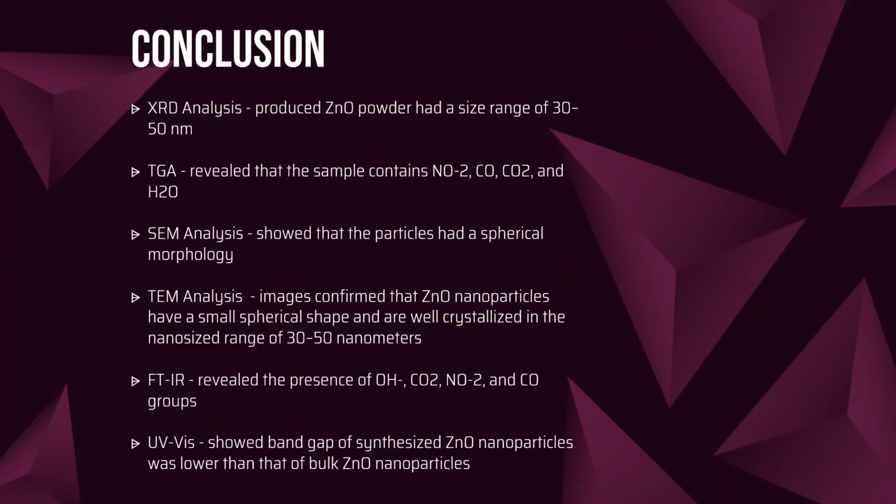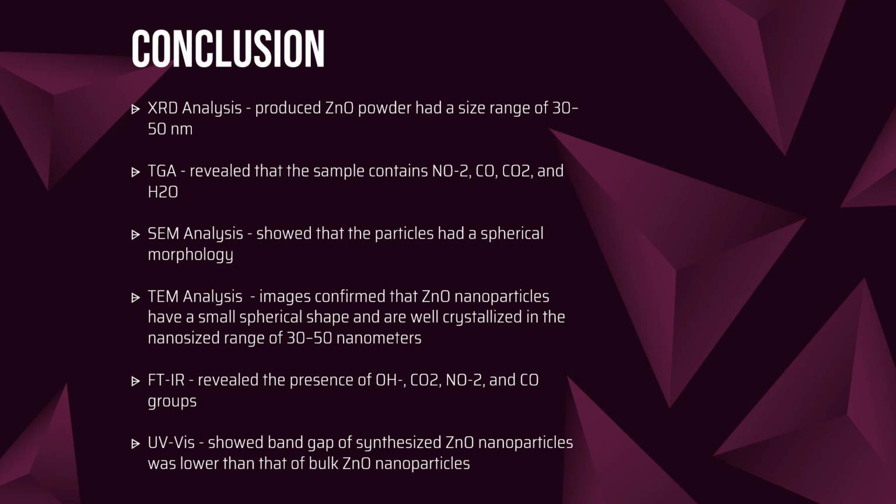The researchers conclude that nano-sized ZnO particles were successfully produced using the direct precipitation method in aqueous solution, with zinc nitrate as the zinc source and urea as the precipitating agent. The produced ZnO powder had a size range of 30 to 50 nanometers, according to the XRD analysis.